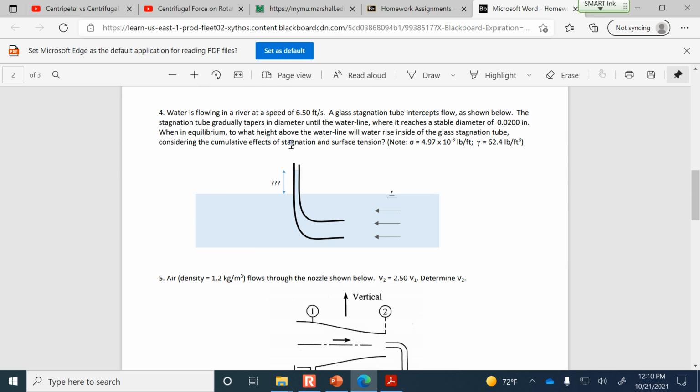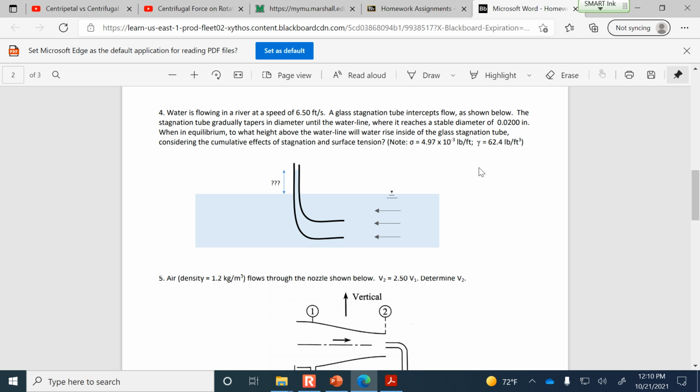All right, problem 4. An important thing I want to point out is that it's both the effect of stagnation. Remember, stagnation is where the velocity gets translated into some additional pressure and it pushes the water up. So part of the reason the water is getting pushed up is because of stagnation, but then it's also a surface tension effect. So I've told you the diameter of the tube, and you may remember some problems we did back in chapter 2 where we were talking about how for a small diameter capillary tube, the water gets drawn up because of the liquid's attraction to the glass.